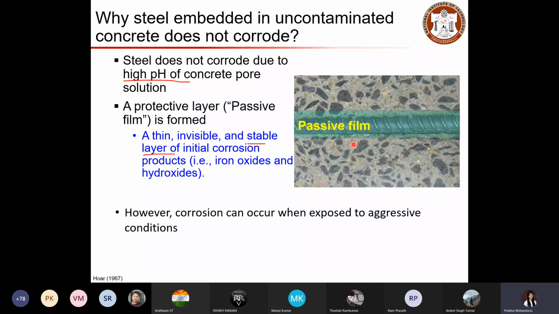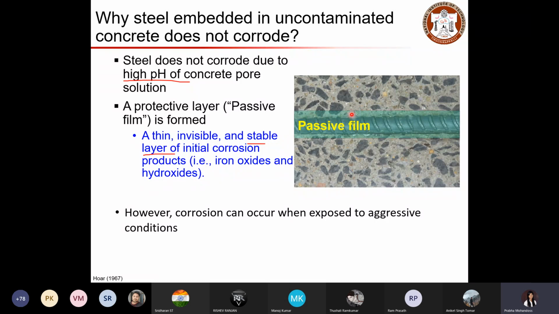So the main reason for this is the high pH of the concrete pore solution. So when you have steel subjected to the high pH environment, it will not corrode. This we call the protective layer, otherwise called the passive layer, which helps to protect the steel from corrosion.